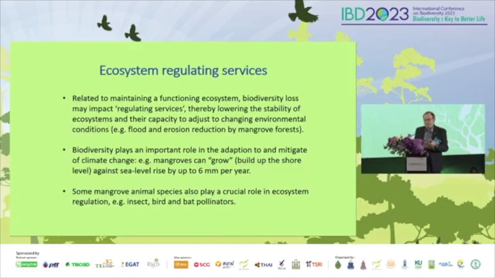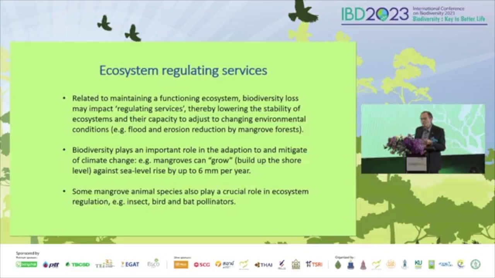And obviously mangroves in particular, as Dr. Maxwell has just explained, are very important for coastal protection, for building the soil, and storing carbon. And as we heard earlier today from Michael, at least up to 6 millimeters per year of sediment can be deposited to help mangroves keep pace with sea level rise.